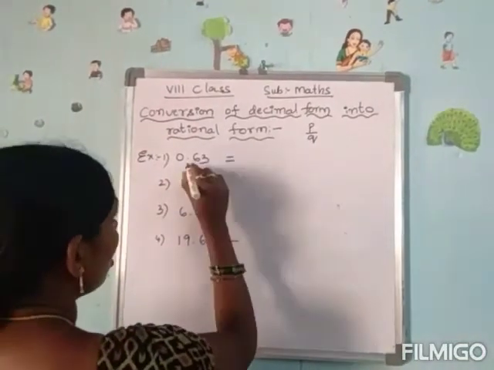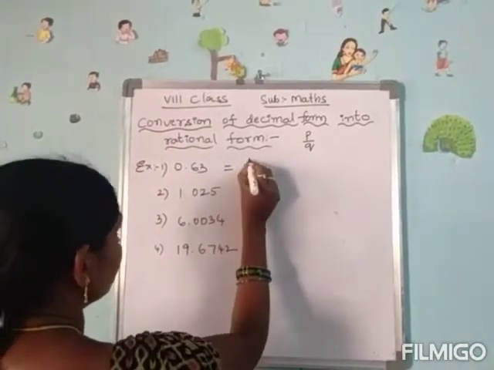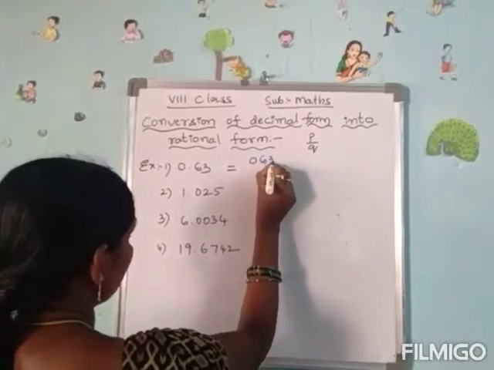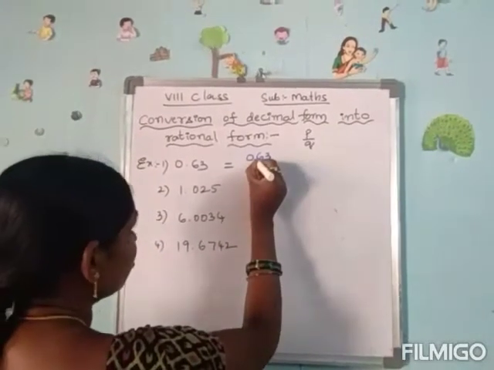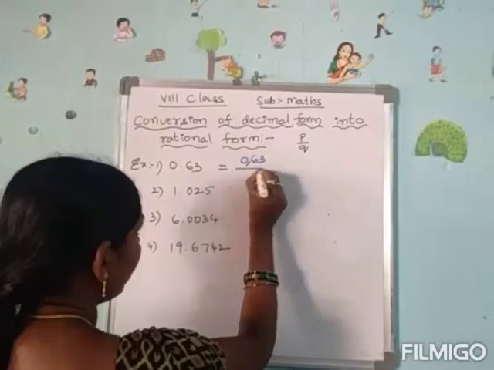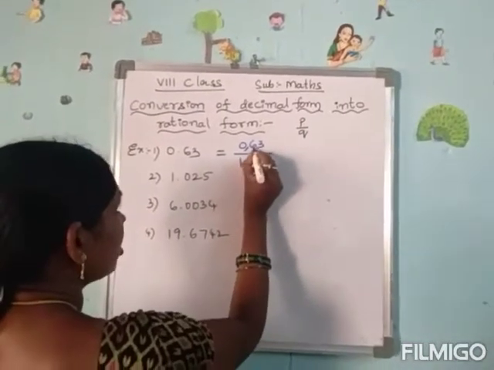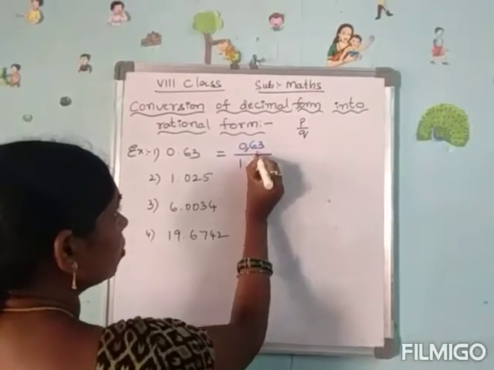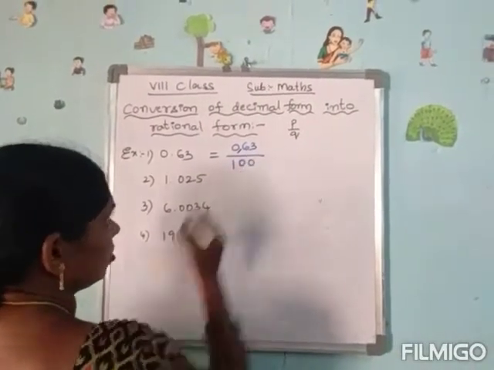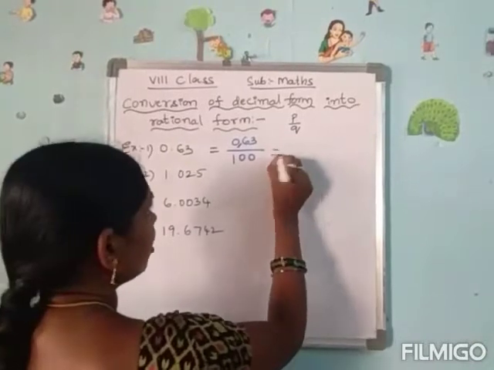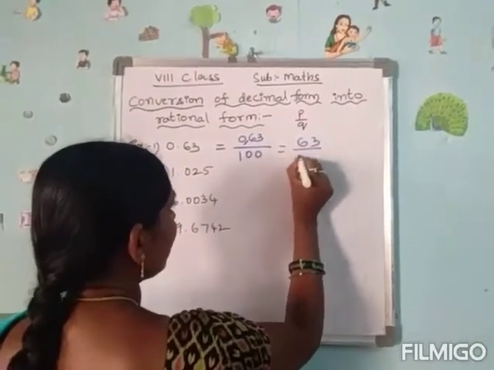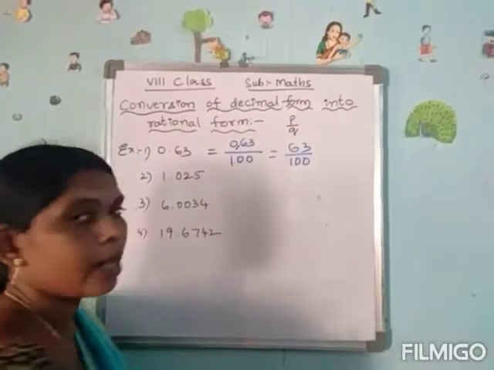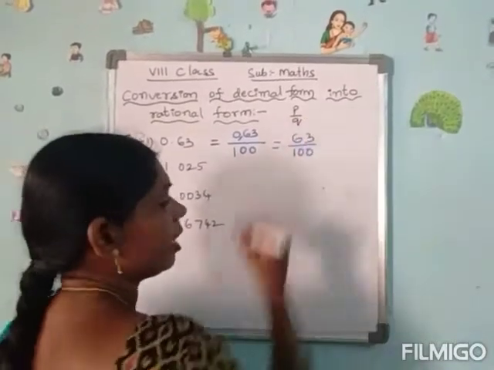We remove the point and write 1 with as many zeros as there are digits in the decimal part. How many digits are there here? 1, 2 digits. So 2 zeros. At the end we get 63 by 100, which is in the form of P by Q.